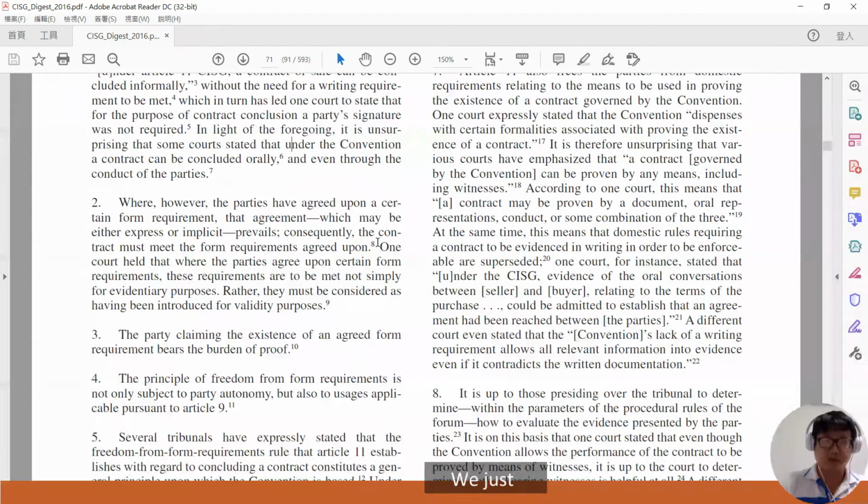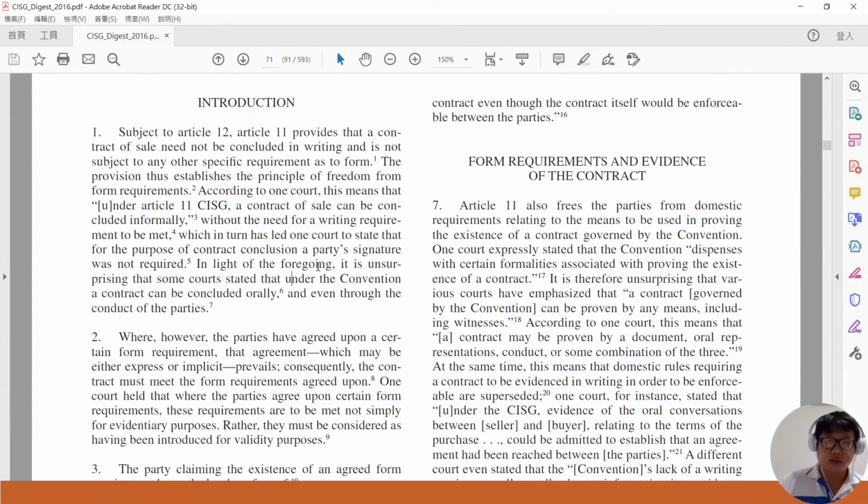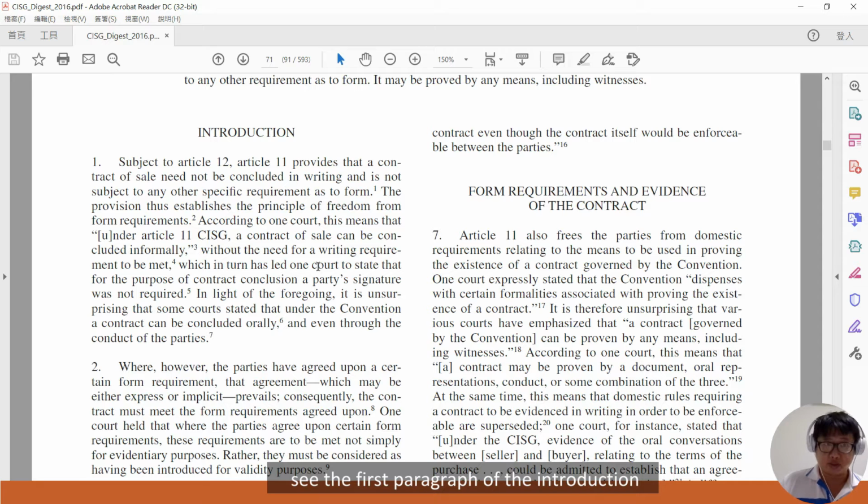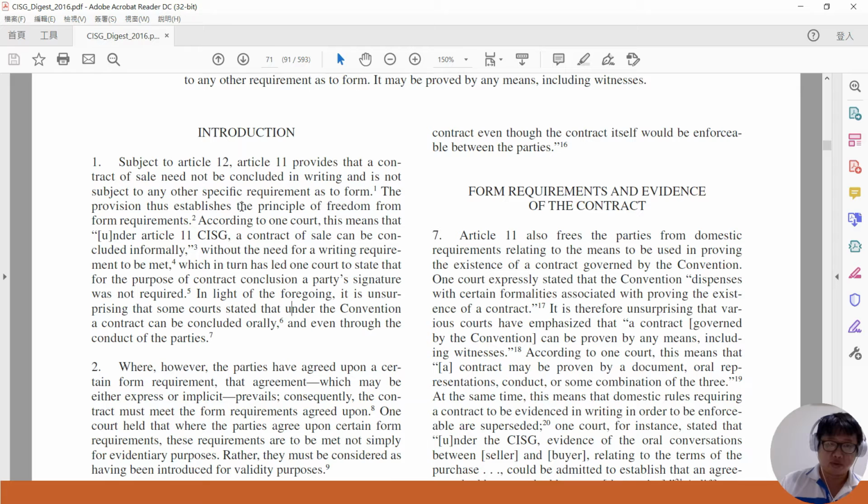We just see the first paragraph of the introduction on freedom from the form requirement. There are a lot of ideas, although it is a small paragraph.